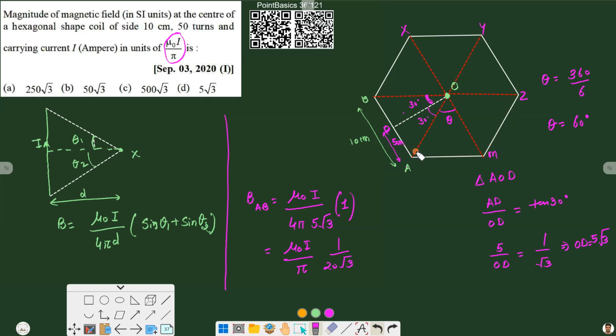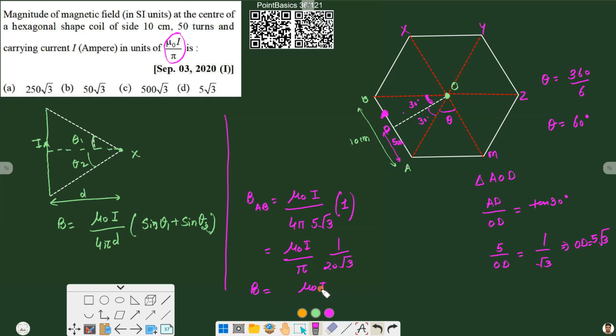And we can easily find using the right hand rule that if current is flowing in a clockwise direction, then the direction of the magnetic field due to all of these conductors at the center will be going inward into the screen's plane, or in the negative z direction. And if the current is anticlockwise, then it will be coming out of the screen. So the magnetic field of all of these will add up at the center, so total B will be 6 times this.